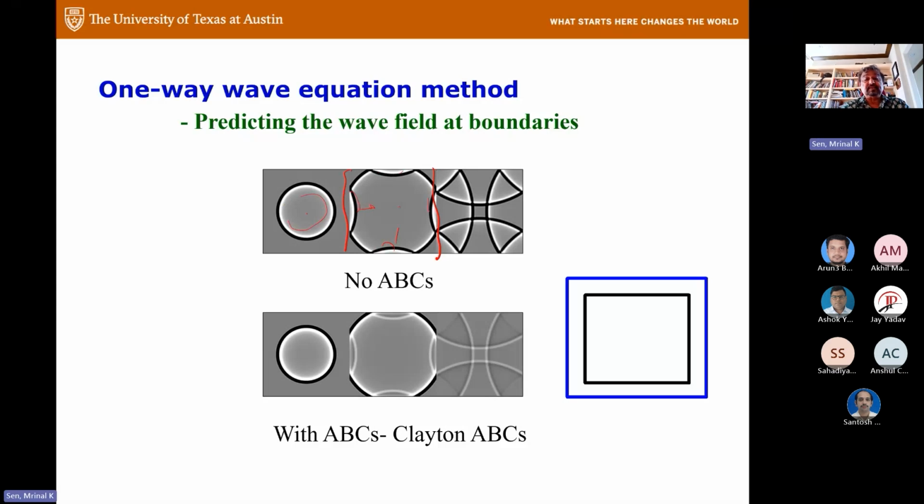And this is at different time steps, and you can see that this is totally contaminated with boundary reflections. And this is with our one-way propagator. Compare this with no absorbing boundaries, and you can see that this does damp, but there is still quite a bit of residual left.